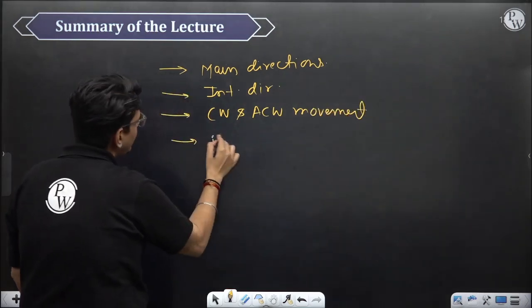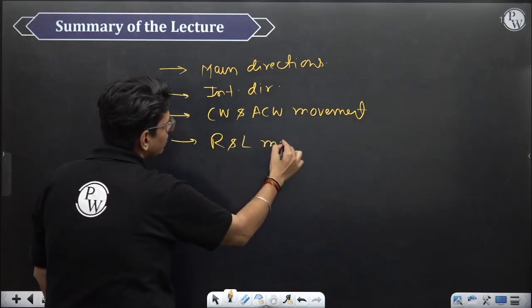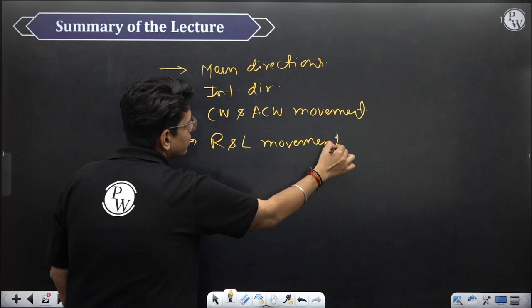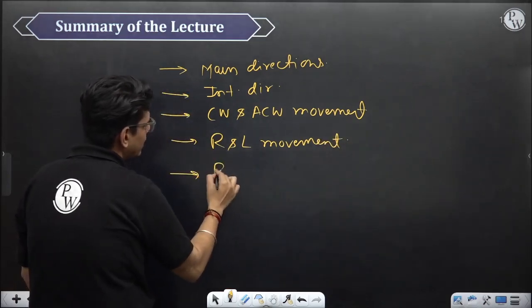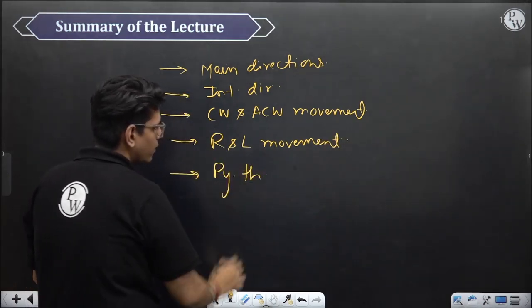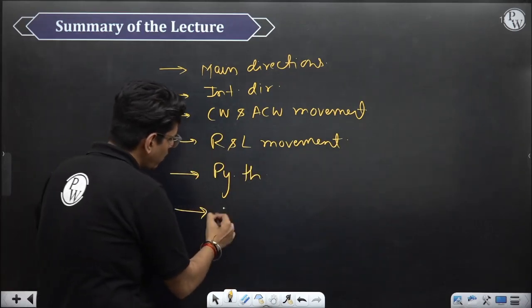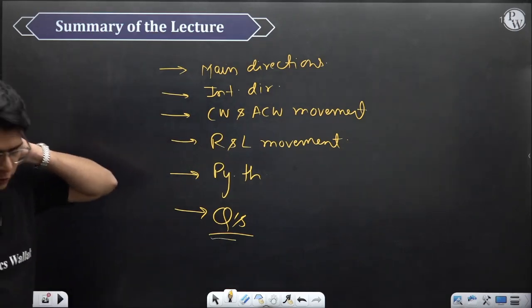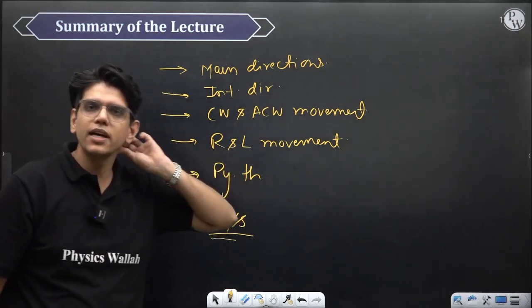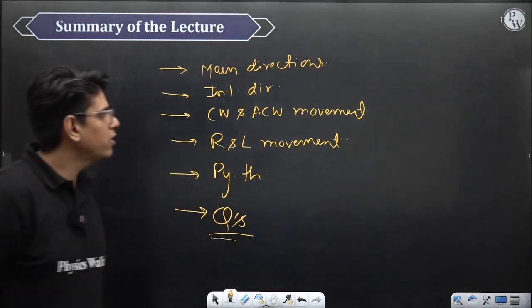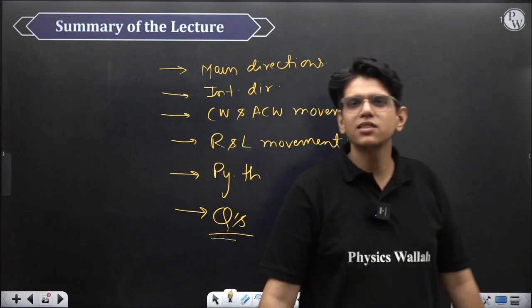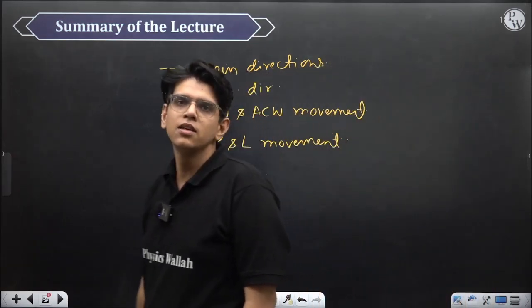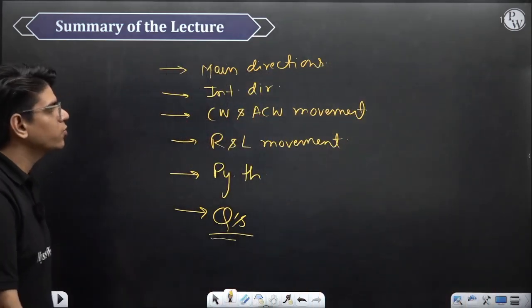Then right and left movement, right? Then the Pythagoras theorem. Okay, and then we solved questions from direction. If you do this number of questions from direction, it is more than enough for your preparation for this attempt, right? You will get simple questions from direction and distance. So please practice these questions.